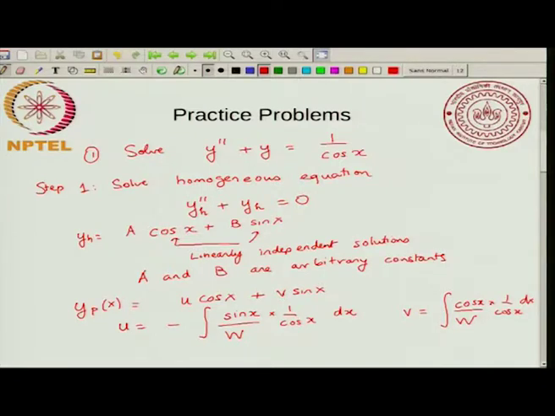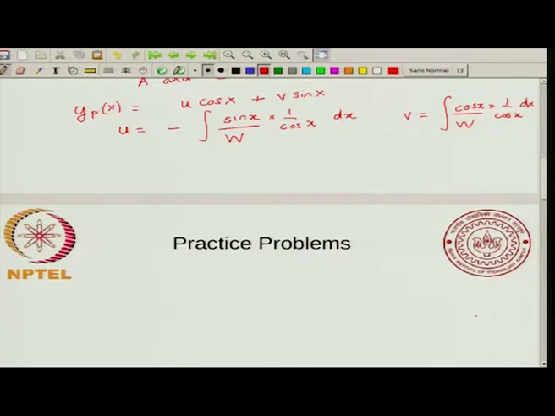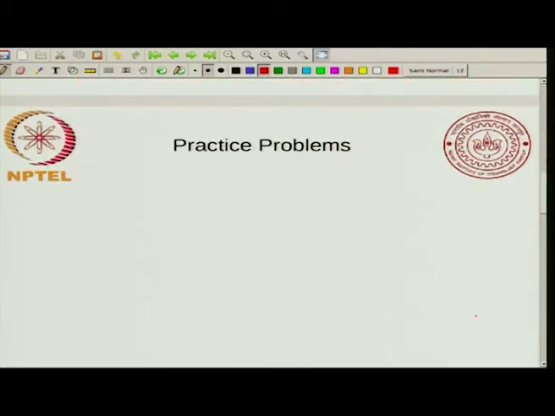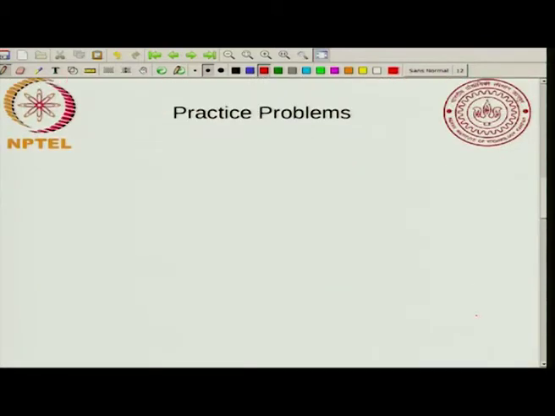So these are what u and v are, and now let us calculate what W is. If you have sin x and cos x, then W is equal to y1 y2 prime minus y1 prime y2.